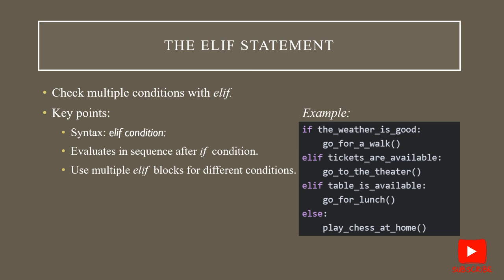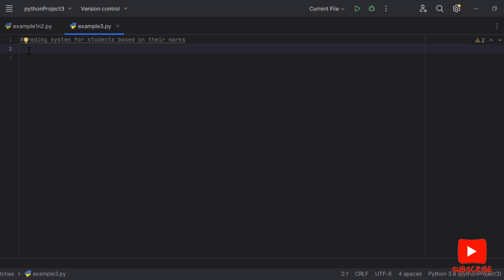So let's create a grading system for students based on their marks. I'll start with the basic structure. We'll ask for the user's marks and convert it into an integer. Now I'll check if the marks are 90 or above using if marks greater than or equal to 90.